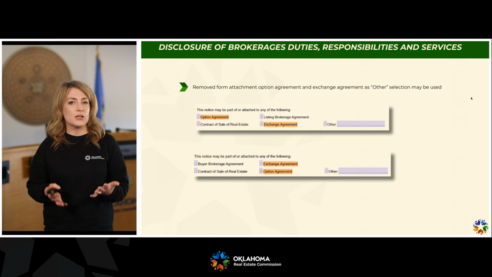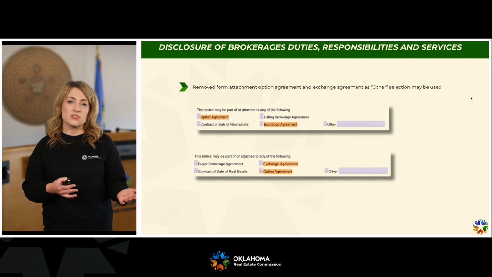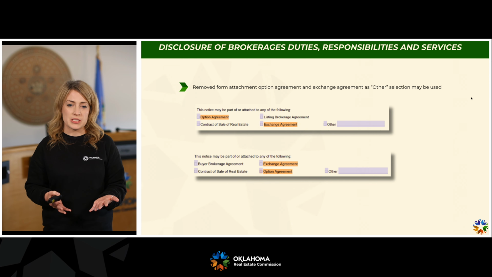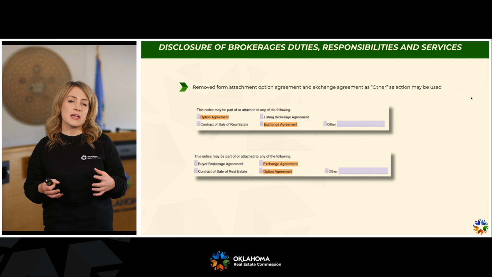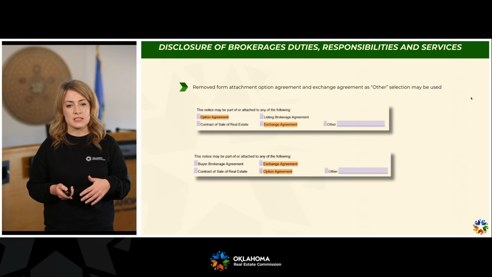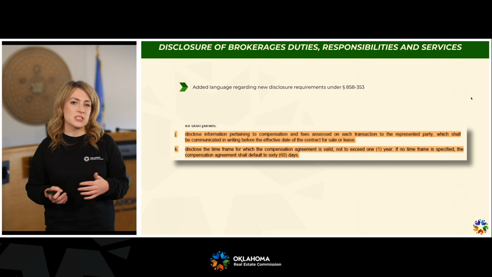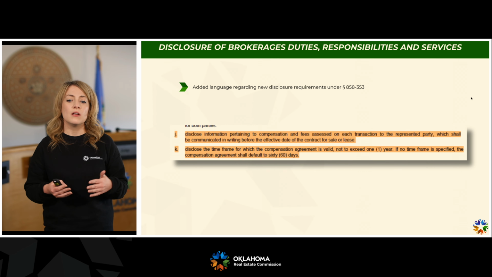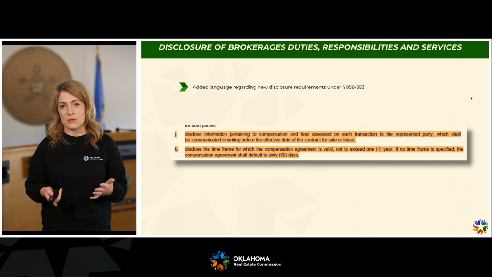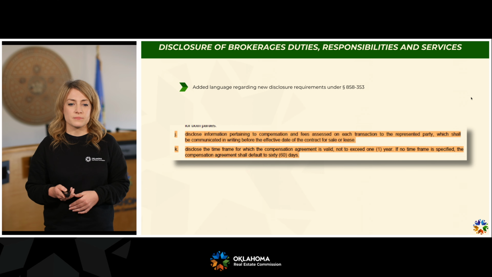In the case that you're attaching it to one of those types of sales, you can always just fill out other and put in whatever type of contract you're signing. We did this to make room and free up some space to add the items on our next slide, which are the new law changes that went into effect November 1 regarding compensation and disclosures and the length of term that those compensation agreements can be for.